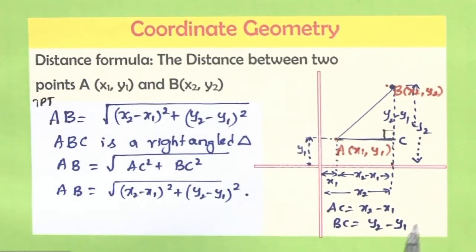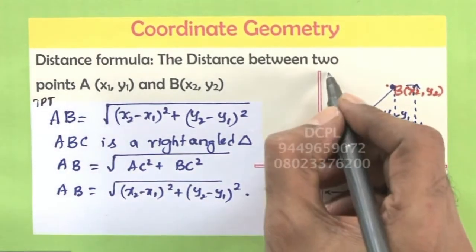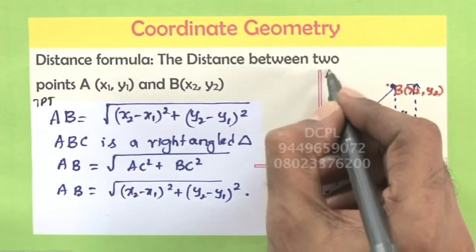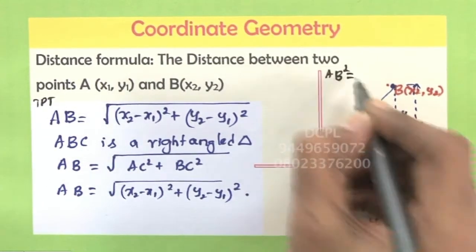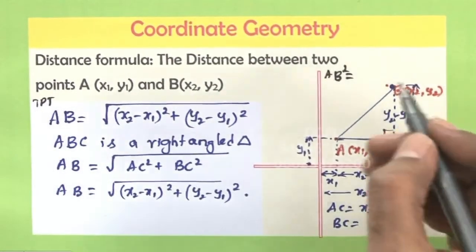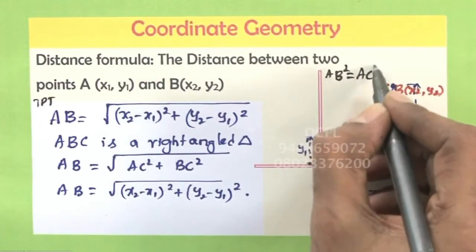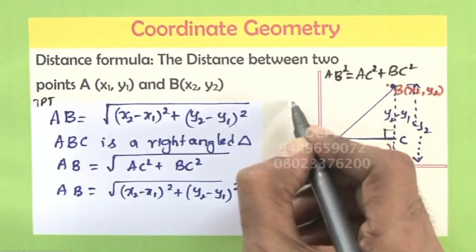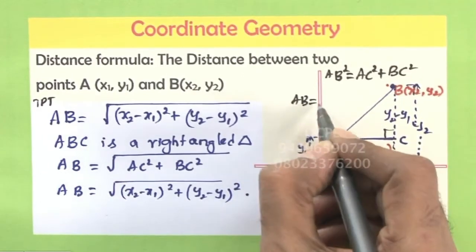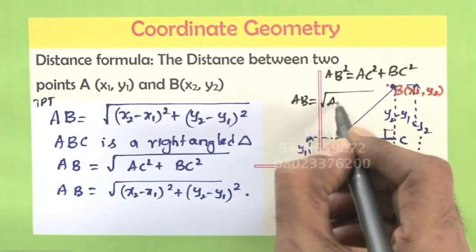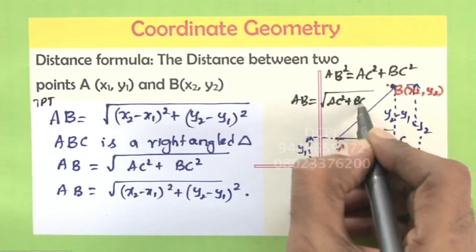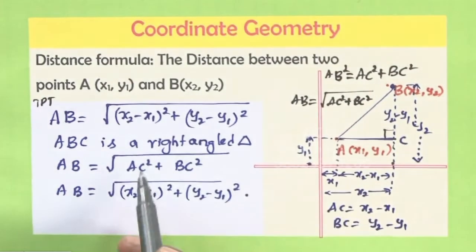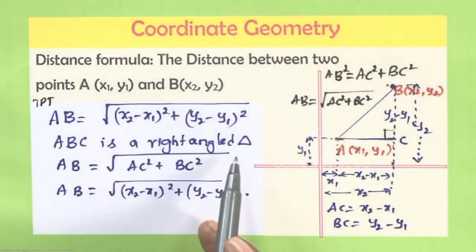And using the Pythagoras theorem, AB square, that is the square on the hypotenuse, is equal to the sum of squares of the other two sides, that is AC square plus BC square. And you can easily say AB is equal to the square root of AC square plus BC square. So we have just used that here. ABC is a right angle triangle.